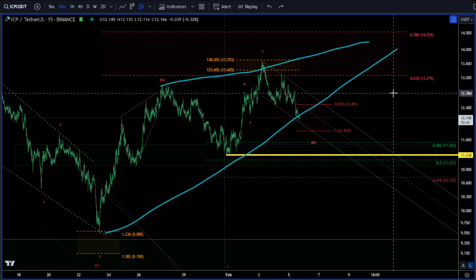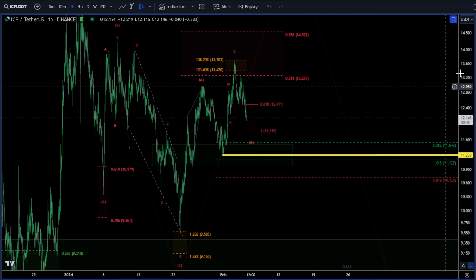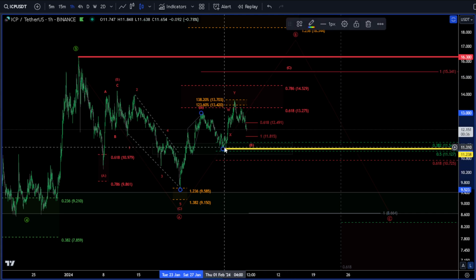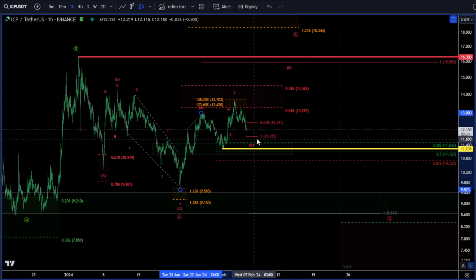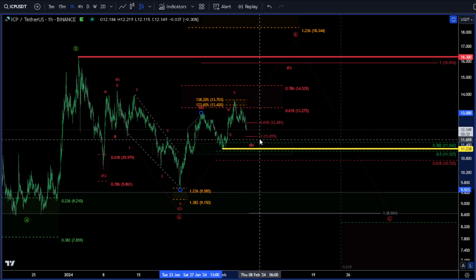But we'll cross that bridge when we come to it. I just don't want to confuse people and give them too many options, but there's quite a few options at this point. But most importantly, we're targeting the 1-to-1, and whenever this pivots, my target will change based on where this pivots from for where I take profit.